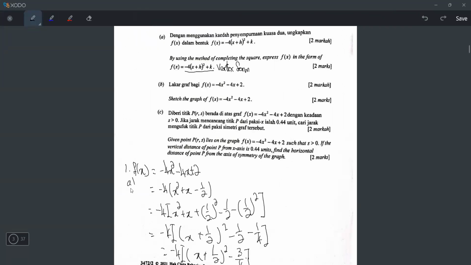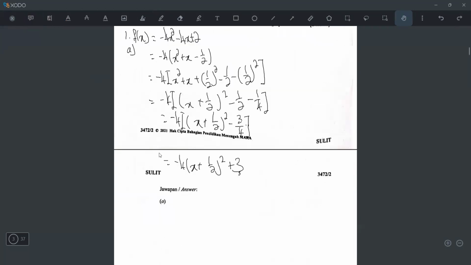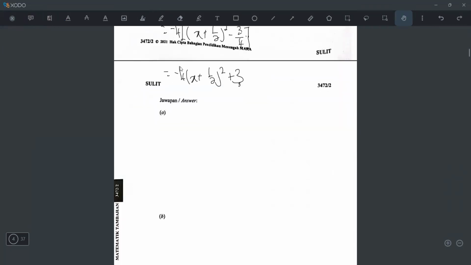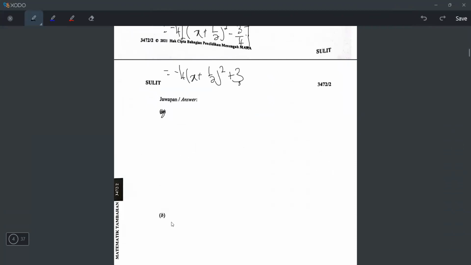Okay, that's question A. Question B, they want you to sketch the graph for this. Remember, when you sketch, the step is always to start by doing b squared minus 4ac. So for question B, they want you to sketch f(x) equals negative 4x squared minus 4x plus 2.